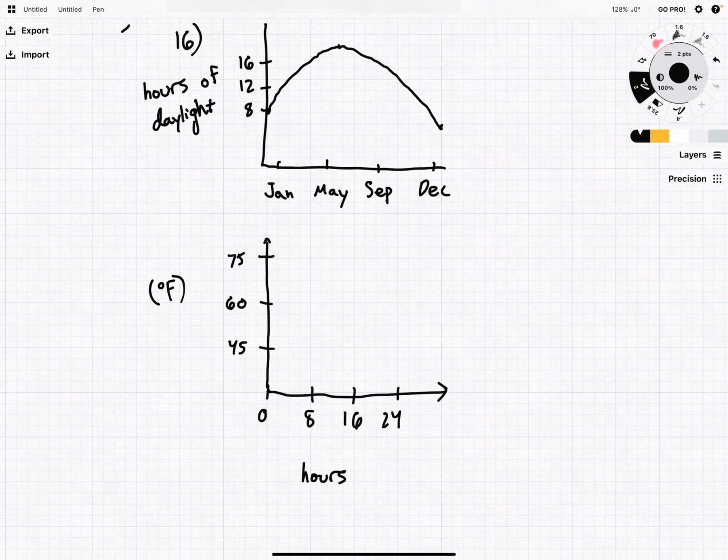So at midnight, let's say it's pretty cold, and it keeps getting colder and colder until about 6 or 7 when the sun rises. Then it's going to get warmer and warmer until maybe a little afternoon, and then it'll start to get colder again.